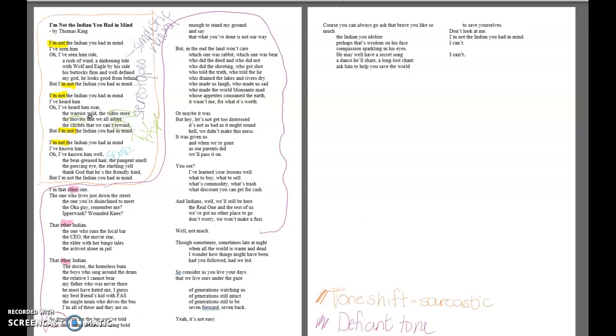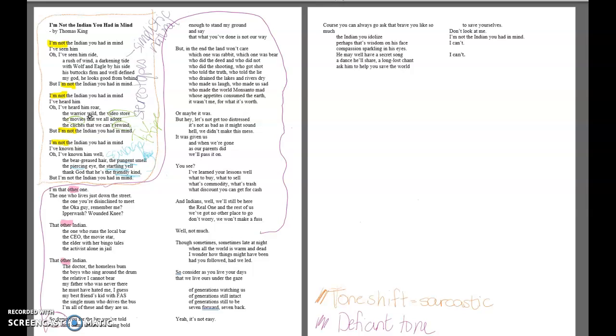That is a trope that you will see over and over again in people writing or creating this character. And we know that he's talking about this because of the words that he uses: pungent, piercing eye, a startling yell, and friendly kind. All of those relate back to this idea of an Indigenous person as a savage.